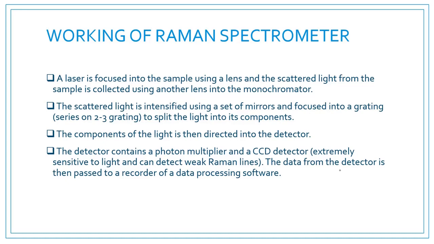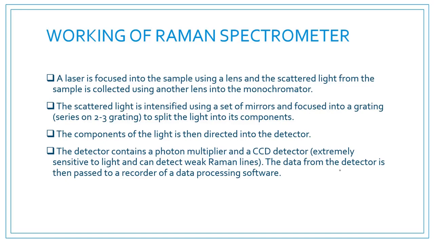After passing through the photomultiplier, we pass it into a CCD detector. CCD means charge coupled device. This CCD detector is extremely sensitive to light, and it is very useful to detect the weak Raman lines. That's why we use the CCD detector in a Raman spectrometer.